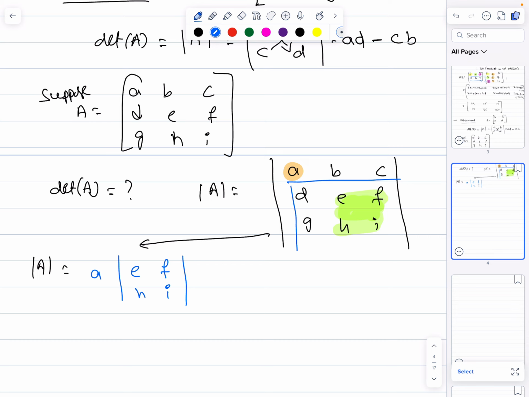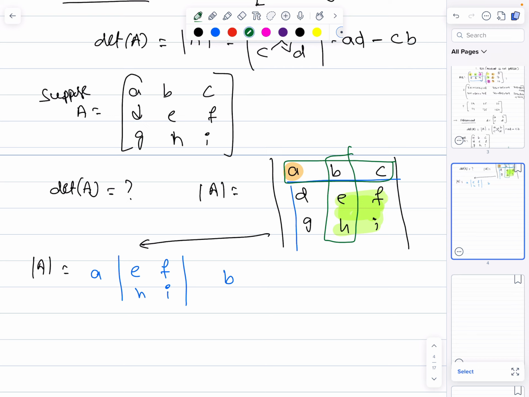Now I am not keeping any sign before B, I'll come back to that point. Now I have to look at this same row, but this column also I should drop.